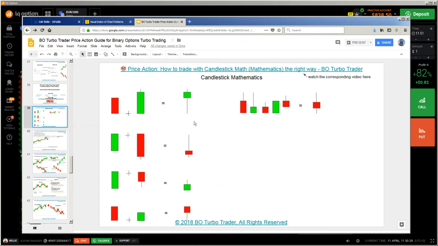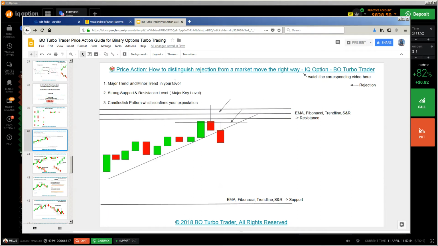Get this ebook and watch the related video to understand the concept, because they are all correlated with each other, and that is the reason why it's so important: you have to understand the whole concept, not only one part. That is first the candlestick math, and second the rejection itself.